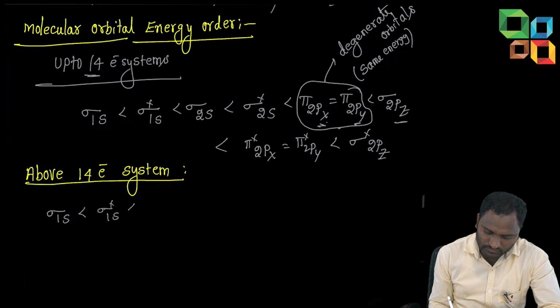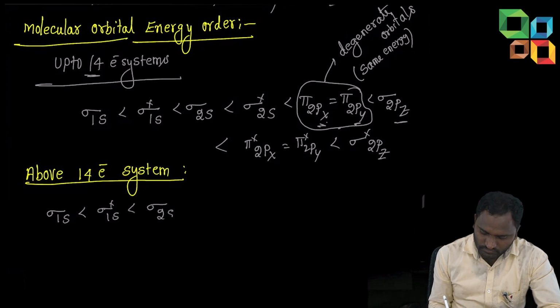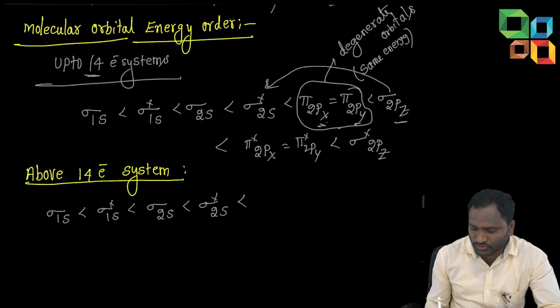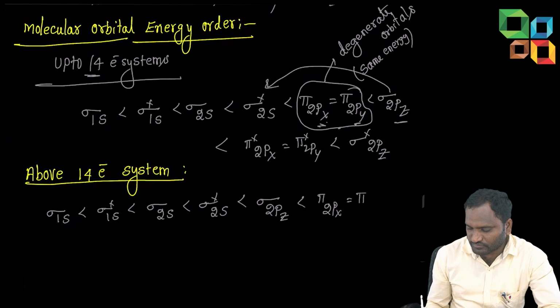Here sigma 2pz will come earlier. Afterwards, the rest of the order is the same. Then pi star 2px is equal to pi star 2py.